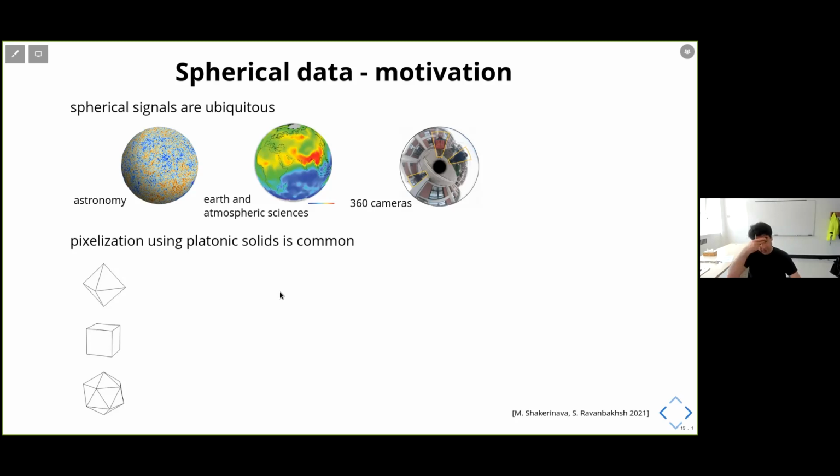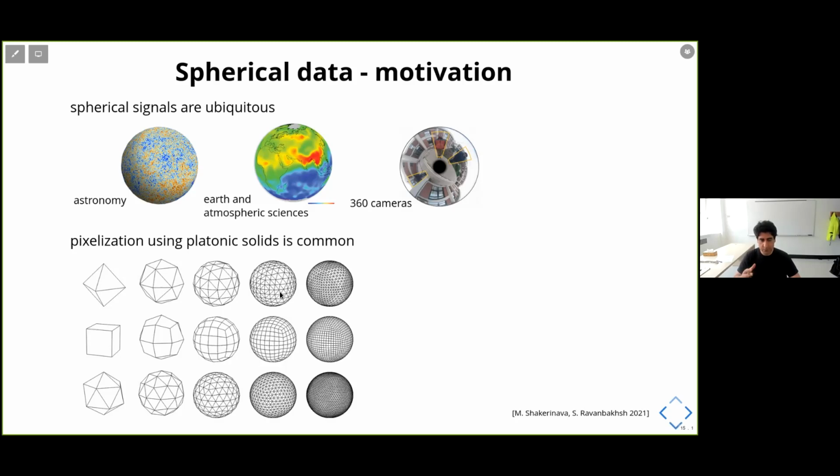So the way people use this is that they try to recursively subdivide each face into smaller faces and then project that to the sphere. So if you do that over and over again, you get a shape that looks like a sphere, like it becomes more and more like a sphere. Now, to build an equivariant map that can operate on these objects, we need to define their symmetries, right?